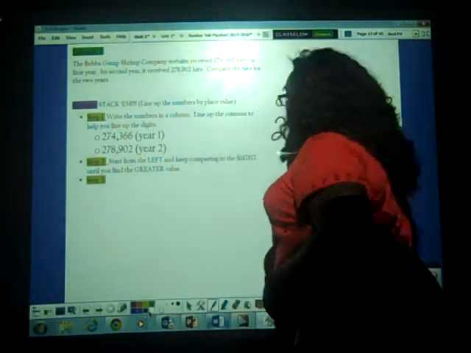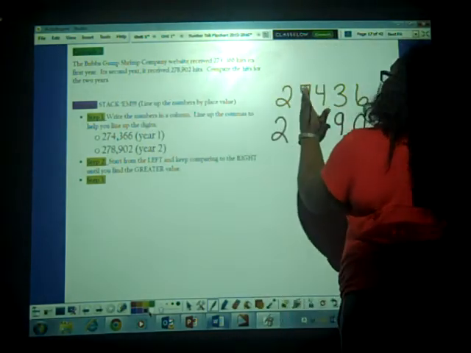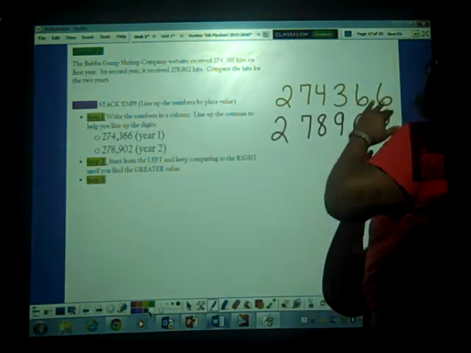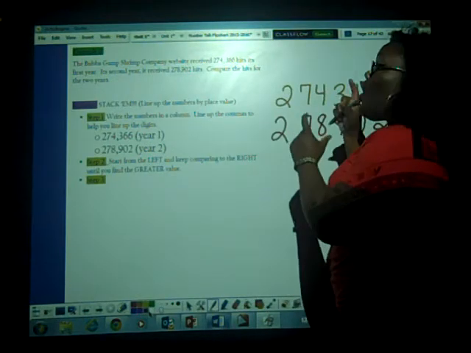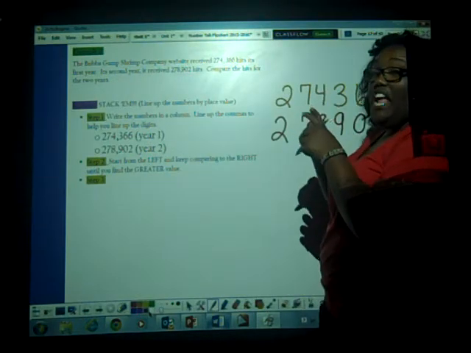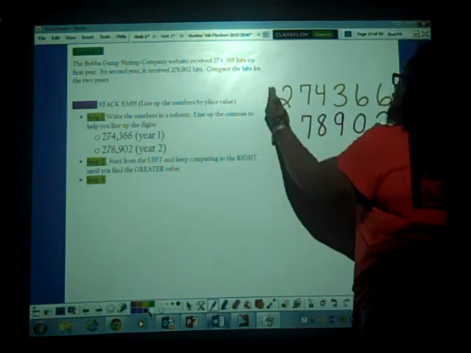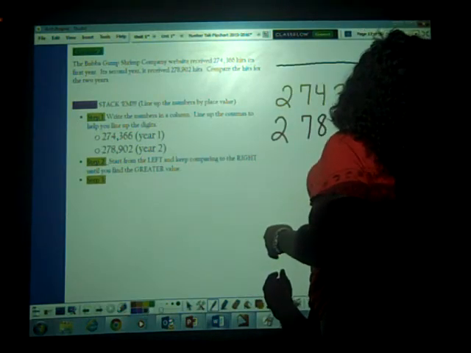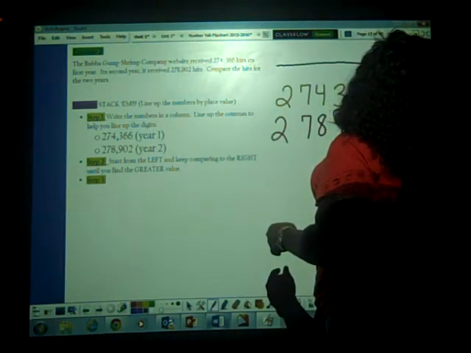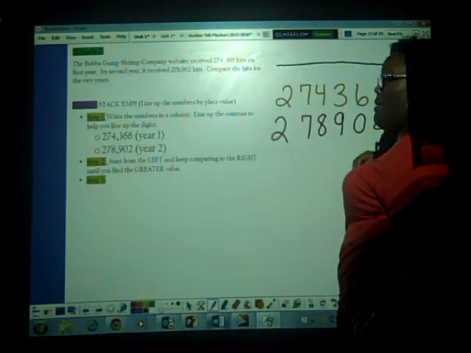Now, remember our strategy was to start from the left and then move our way over to see which place value has the larger digit in value, okay? The largest value. So we're going to start to the left and we're going to keep comparing as we move from left to right, okay?